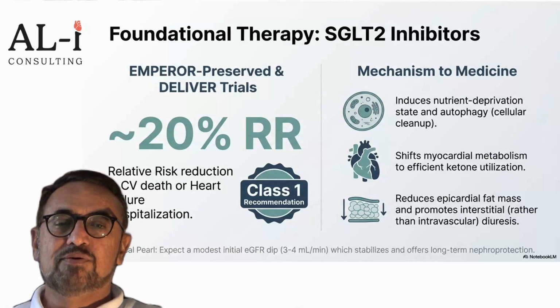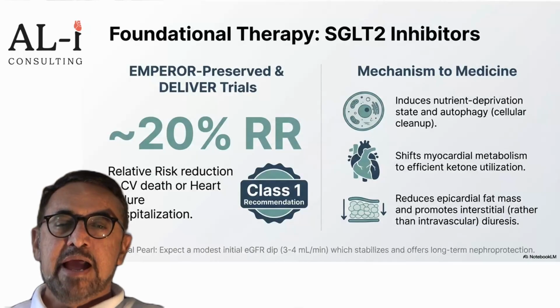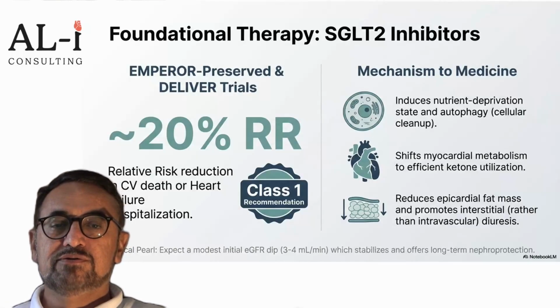Mechanistically, they appear to do more than produce mild diuresis. They create a nutrient deprivation signal that promotes autophagy, shift myocardial metabolism towards more efficient fuel use, and reduce epicardial fat and interstitial congestion.